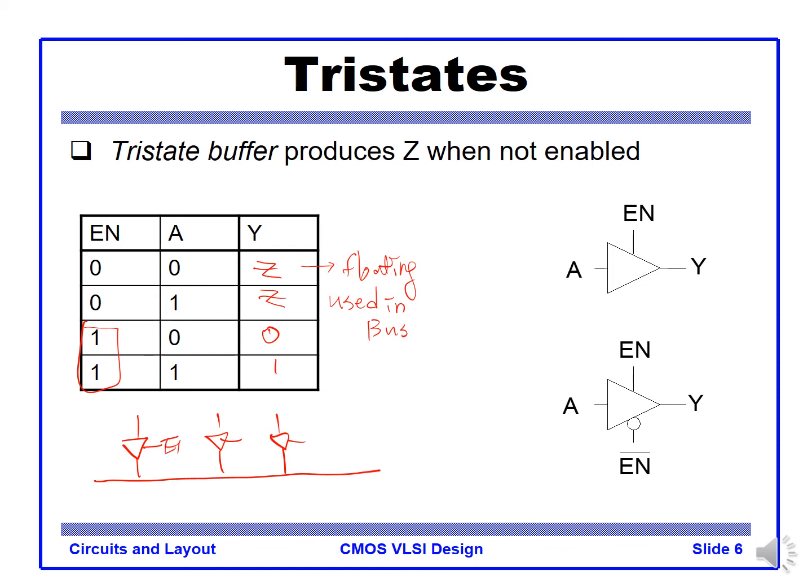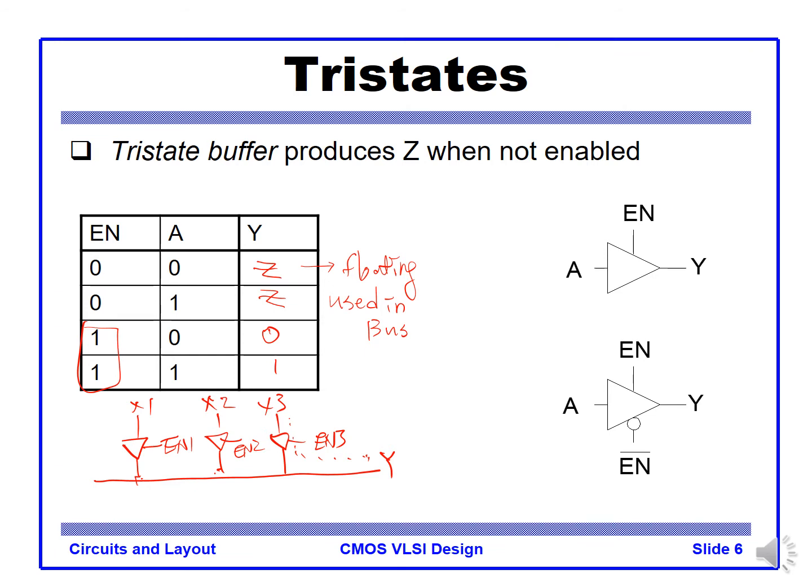So enable 1, enable 2, enable 3, and x1, x2, x3, and y. Anything that is enabled will drive the output load. When disabled, the output is high impedance, meaning open circuit.